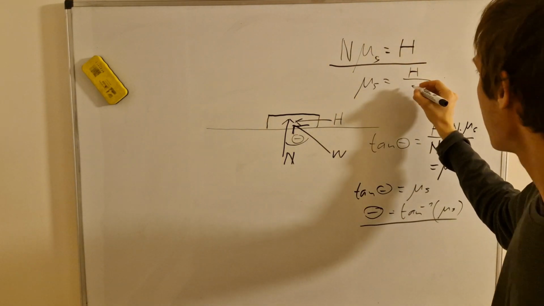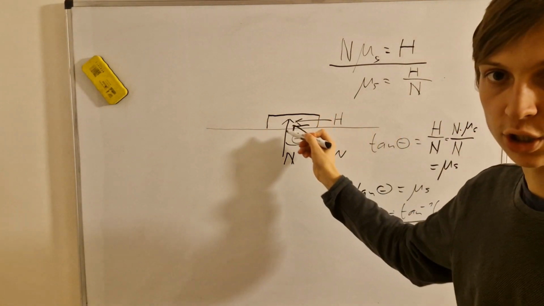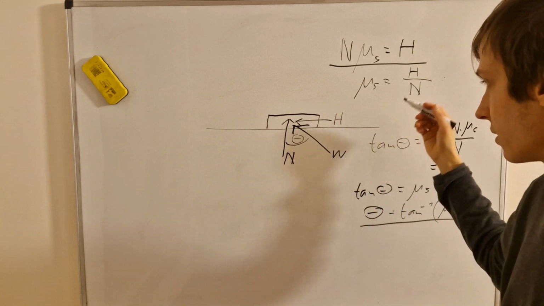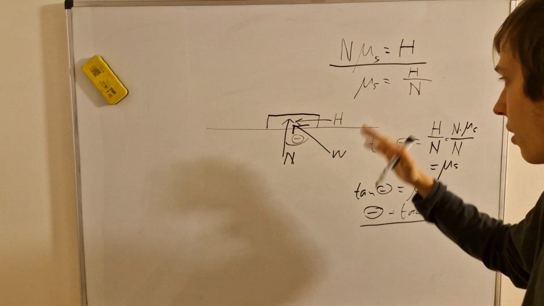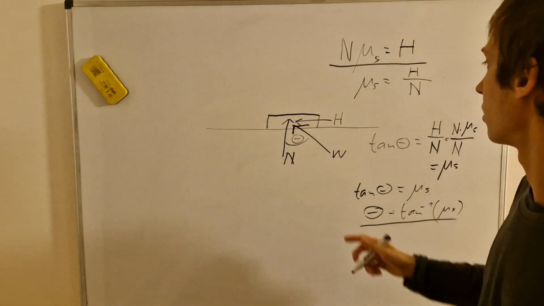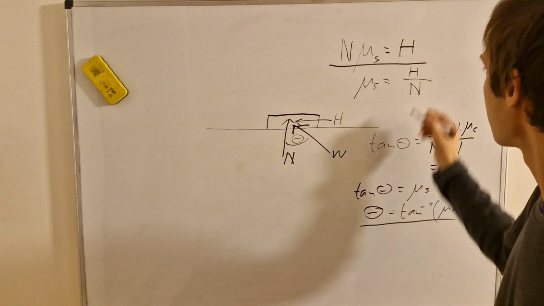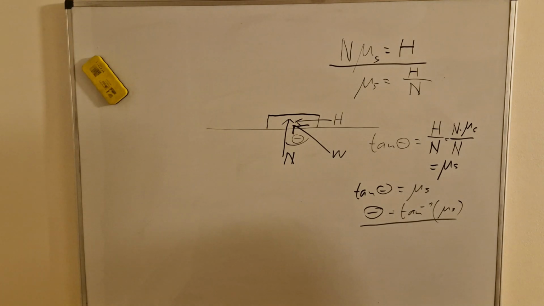The horizontal force is, by the way, the friction force, and the N is the normal force caused by gravity or something, keeping the body connected to the surface. So the precise ratio between them is the static coefficient of friction.